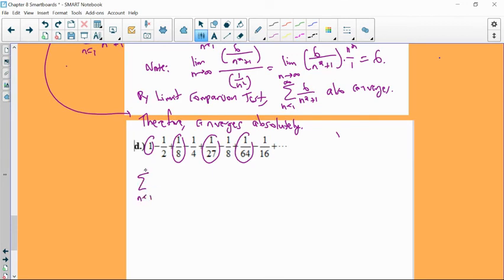The sum from n equals 1 to infinity of 1 over n cubed clearly converges by p-series. It's a finite number, right? And then look at what you're taking away: 1/2, 1/4, 1/8, 1/16. Oh, that's a geometric series, right? Which also converges. So n equals 1 to infinity of 1/2 to the n.